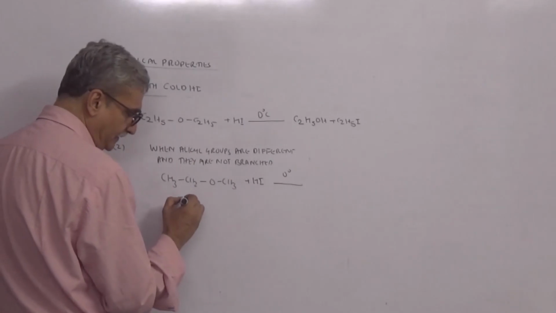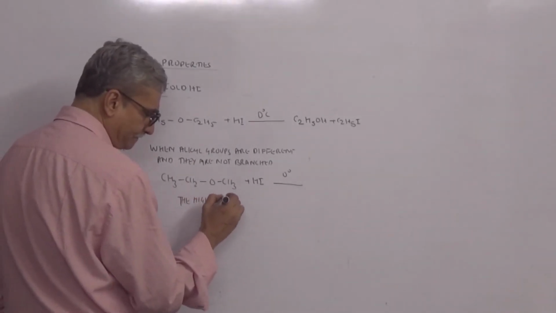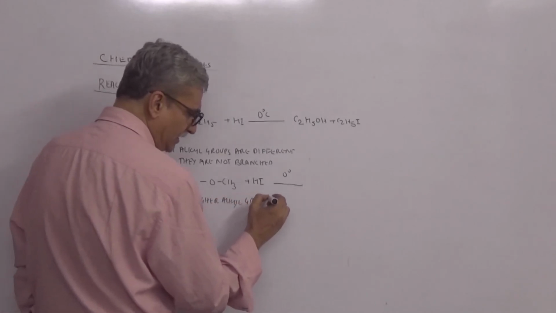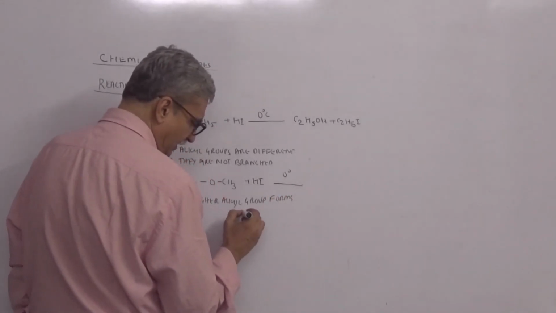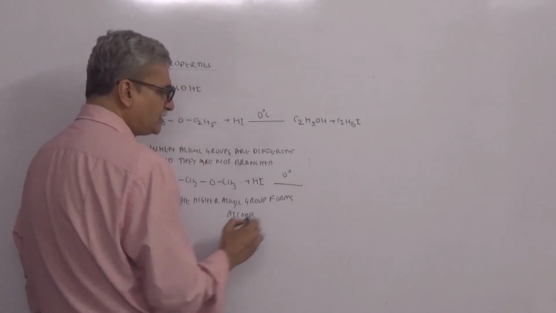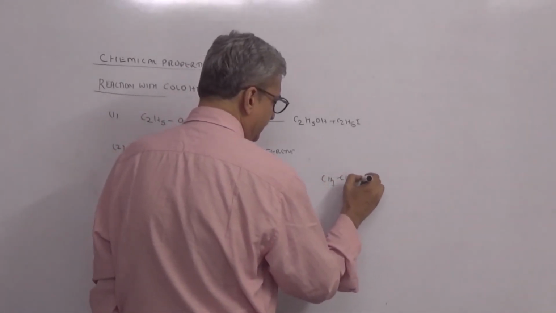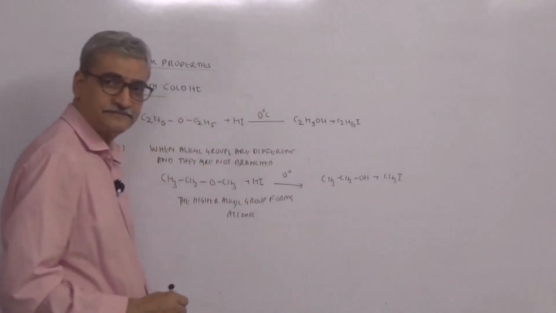So what is going to happen? The higher alkyl group forms alcohol. So what is going to happen now? You have CH3CH2OH plus CH3I.